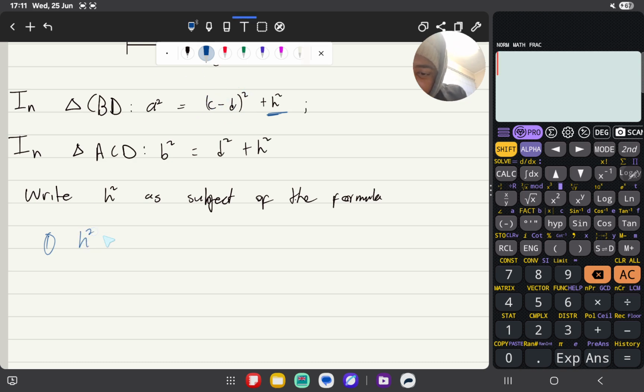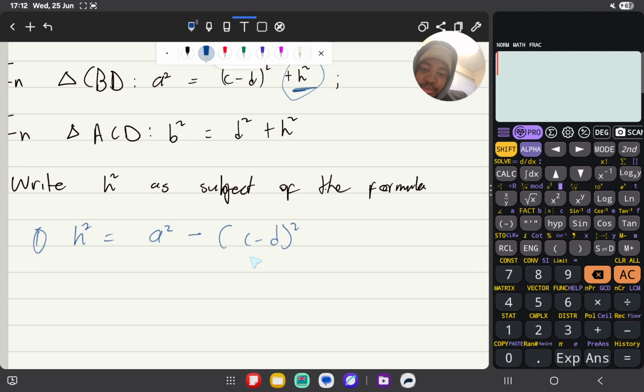We have h squared equals a squared minus, open bracket, c minus d, close bracket squared, right? Very simple, nothing complicated. We leave h squared that side, we make it subject of the formula, we transpose the (c minus d) all squared to the other side, and this is what we have.